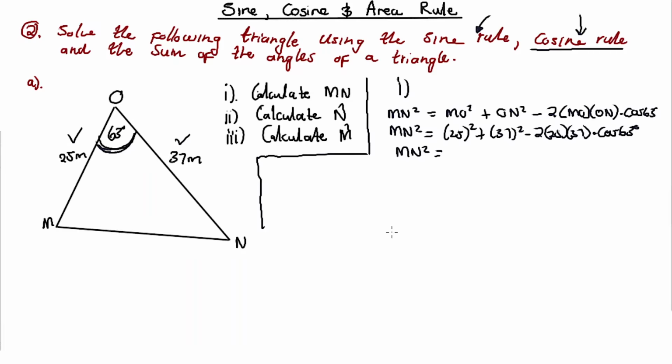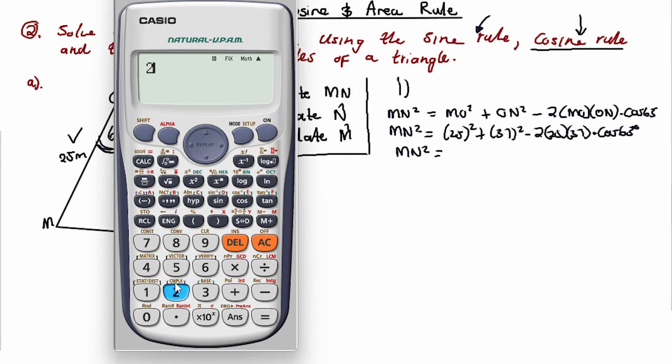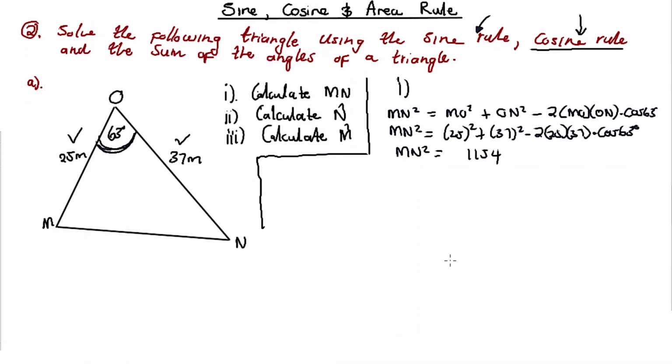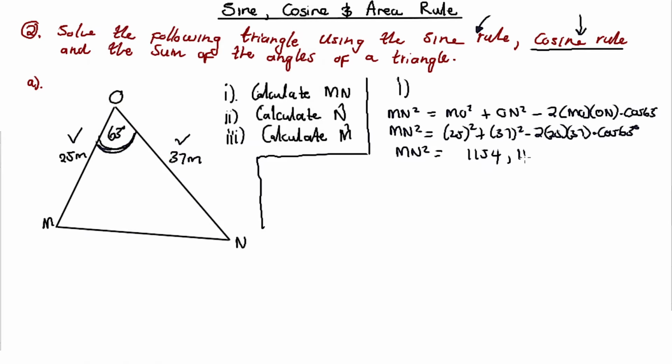MN squared is equal to, let's calculate 25 squared plus 37 squared minus 2 times 25 multiplied by 37 multiplied by cos 63 degrees. So the answer is 1154.118.